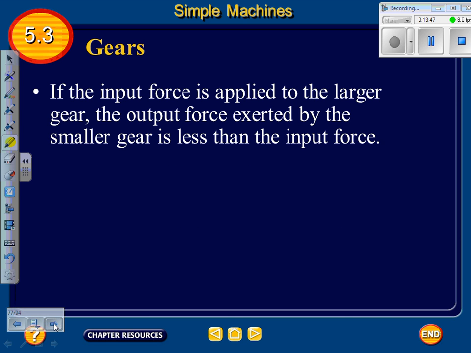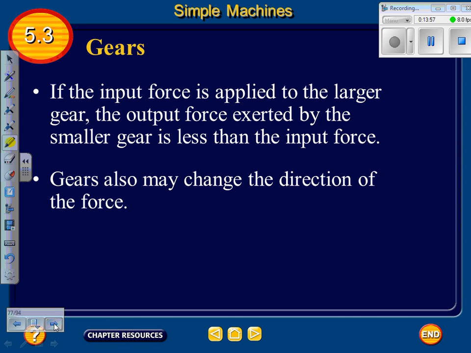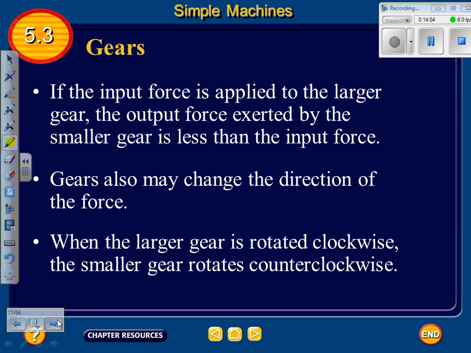If the input force is applied to the larger gear, the output force exerted by the smaller gear is less than the input force. Gears also may change the direction of the force. When the larger gear is rotated clockwise, the smaller gear rotates counterclockwise.